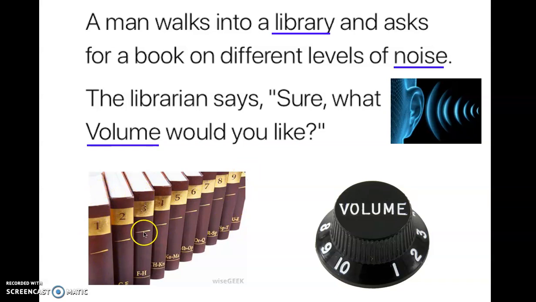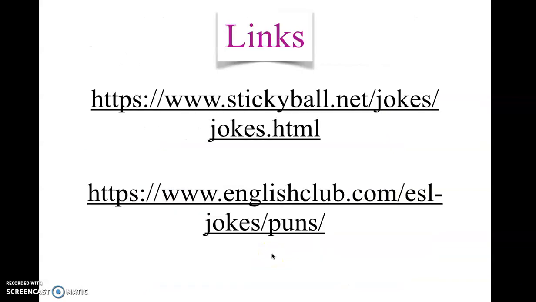Each one of these books, usually with the number, is called a volume. So volume 4, you can see, looks like H through K, something or other, K-N, it looks like. So only words or things with those letters would be in this volume. 10 volumes of books. I hope that was funny.